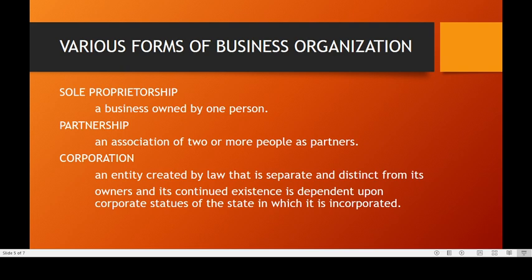Another characteristic of partnership is what we call mutual agency. Okay, what is mutual agency? Mutual agency refers to the fact that because you form a partnership and you have partners in operating the partnership, you cannot decide without the consent of the others.